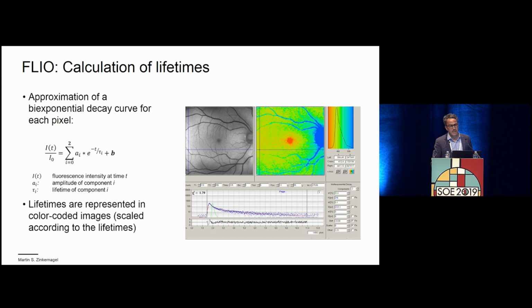In the end, we have a color-coded map, where short lifetimes are color-coded in red, and long lifetimes are color-coded in blue, and you see the histogram here. This is between approximately 200 and 600 picoseconds.